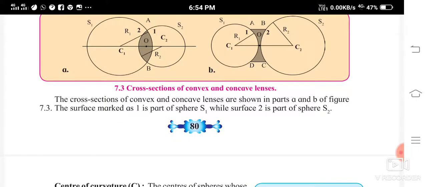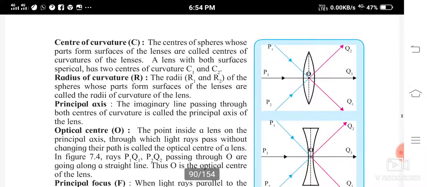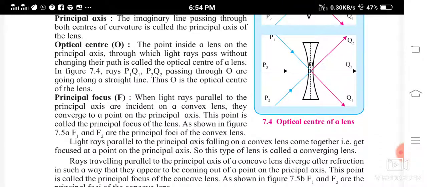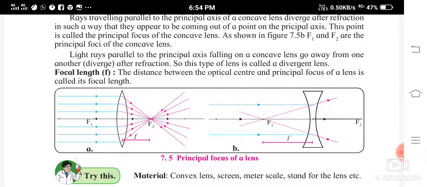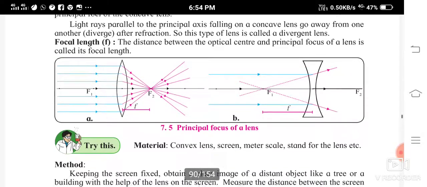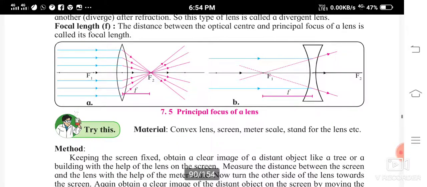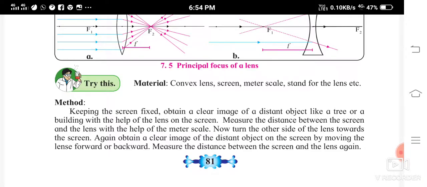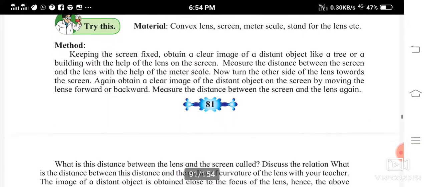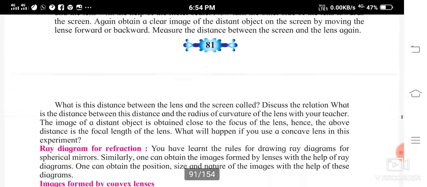You can see the optical center O, and from there to the principal focus, F1 and F2, that is the focal length, from O to F1 or from O to F2.